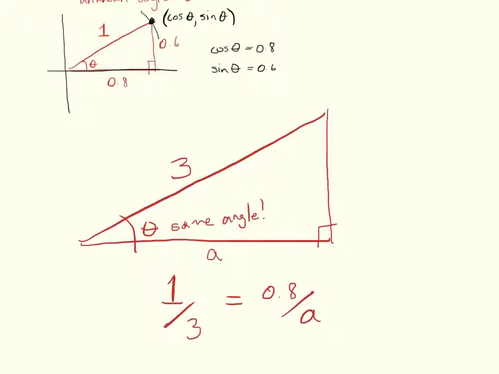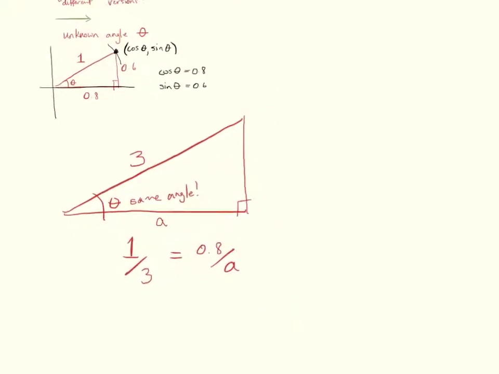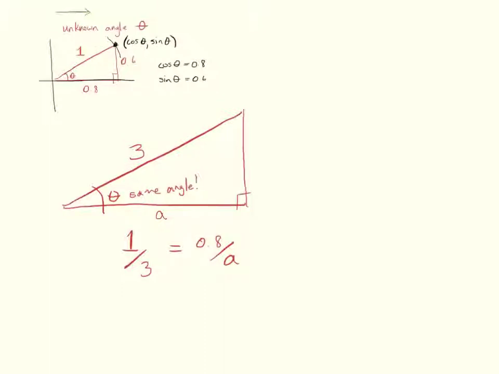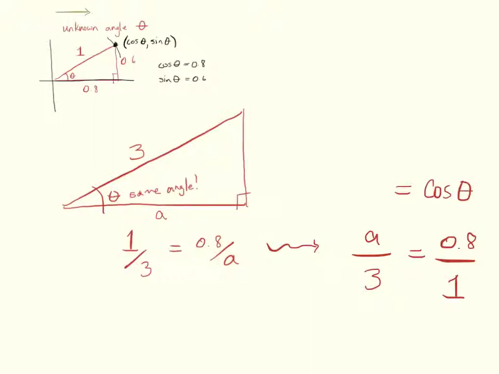Okay, so now what? Let's rewrite this as A over 3 equals 0.8 over 1, which you can just get rid of the 1. The right-hand side is exactly cosine theta. And the left-hand side is exactly A over 3, which we know as adjacent over hypotenuse.